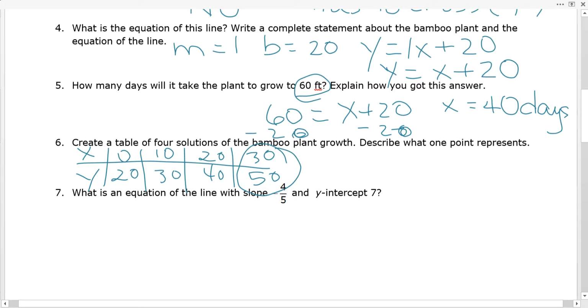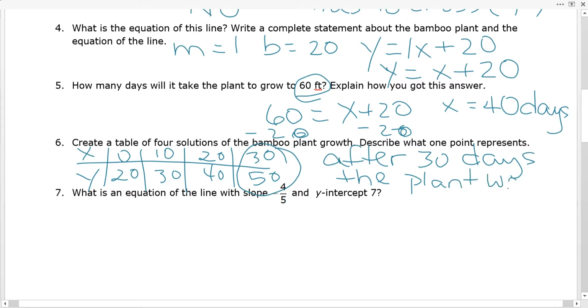This one tells me after 30 days, the plant was 50 feet tall.